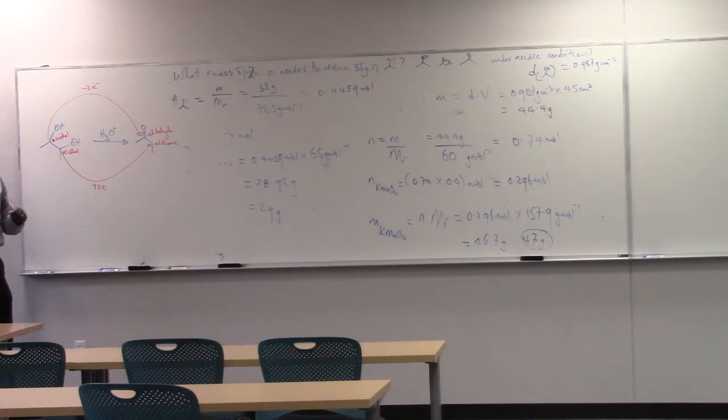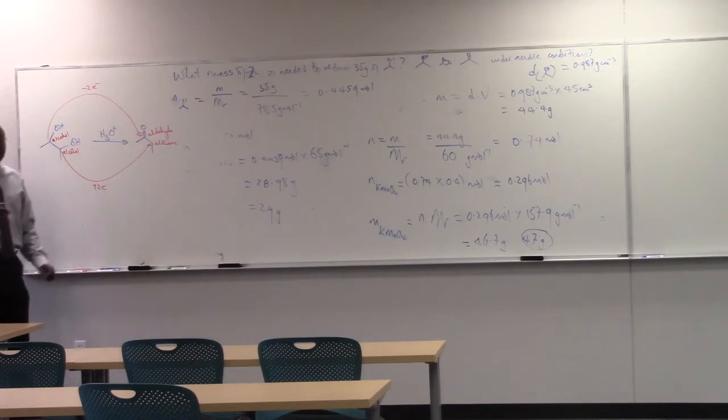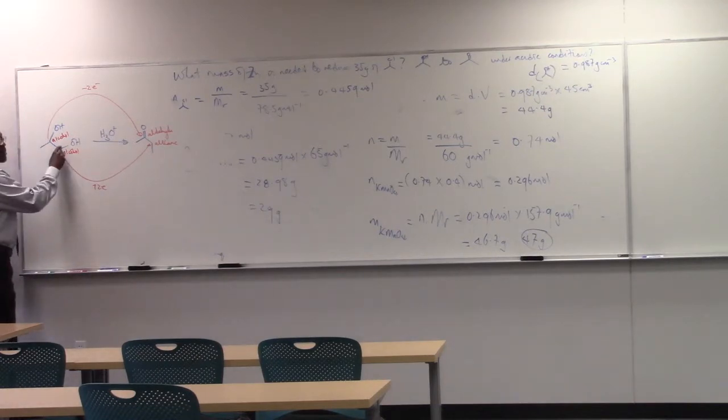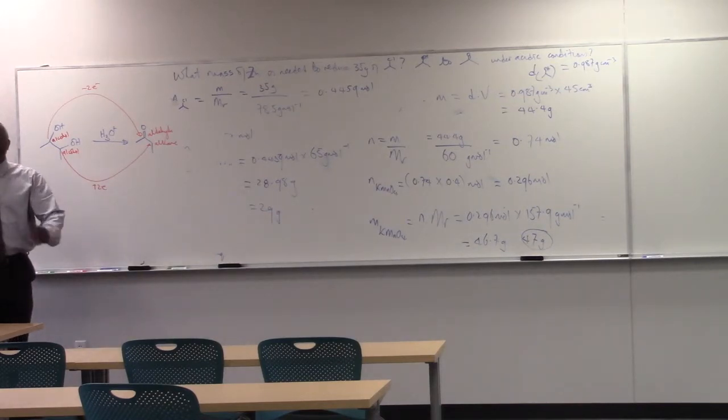Or I can say, this carbon underwent a 2-electron reduction at the same time that this carbon underwent a 2-electron oxidation. Now, if you choose to give the latter answer, and detail that this carbon underwent a 2-electron reduction and that one a 2-electron oxidation, you want to say at the end, therefore, this is not redox.